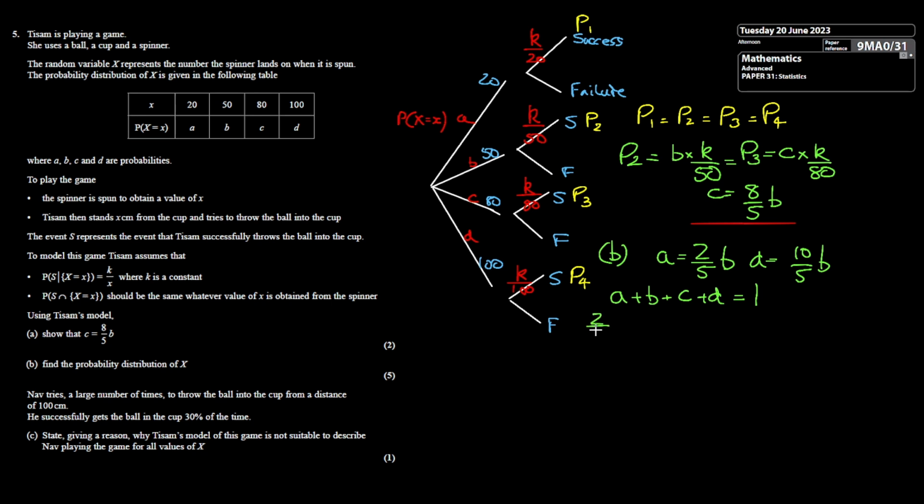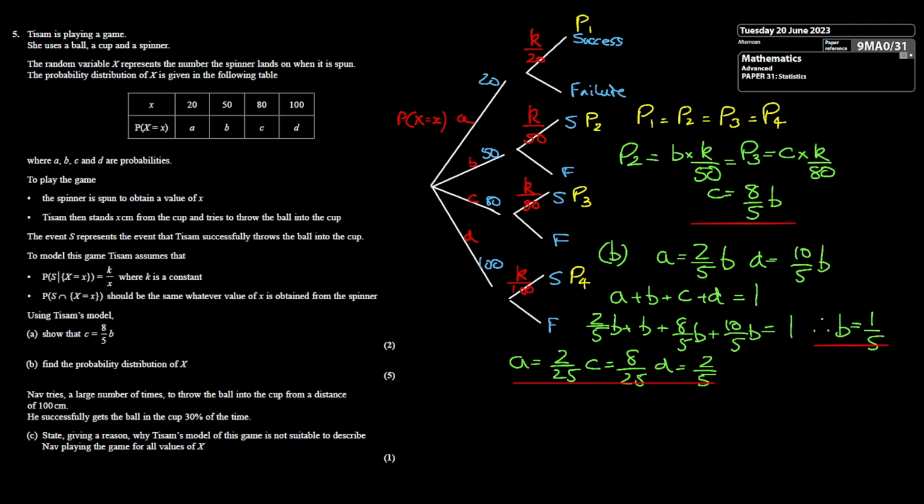So I get 2/5 B plus B itself plus C, which is 8/5 B, plus D, which is 10/5 B, is equal to 1. Churning that all around, I'll get that B is equal to 1/5. Having got that, A, C, and D all fall out, and A is equal to 2 over 25, C is equal to 8 over 25, and D is equal to 2 over 5. And that's the probability distribution for X.